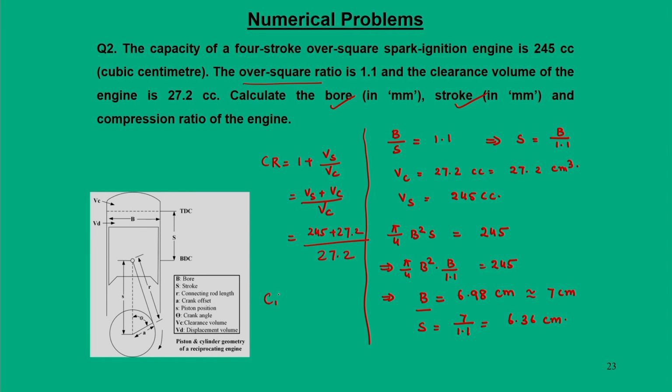So CR turns out to be 10. We got all the answers: bore, stroke and compression ratio. These are the two small problems which refresh our concepts. With this I conclude my talk for this lecture. Thank you for your attention.